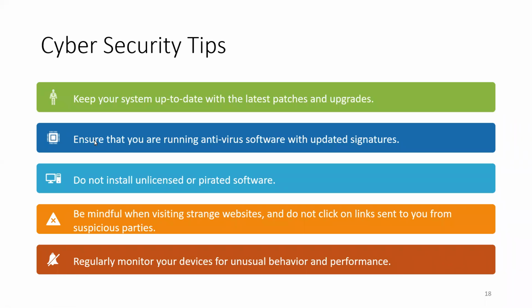If you need assistance here, your department's IT department can assist you, or again, the Ministry of Innovation, Science and Smart Technology is here to assist you as well. Ensure that the antivirus has updated signatures.